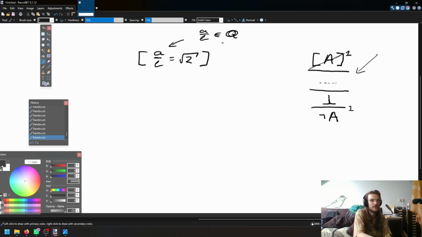In other words, square root of 2 is an element of the quotients. This is called a substitution, where if you have an equal sign, you can substitute one thing on one side of the equal sign with the other thing on the other side. So our assumption is really this.